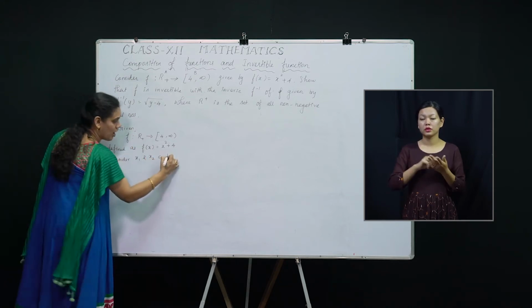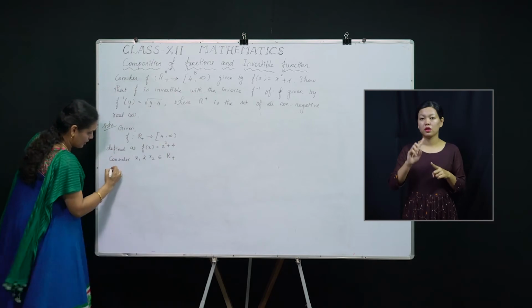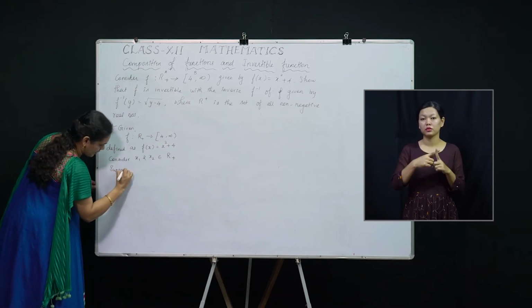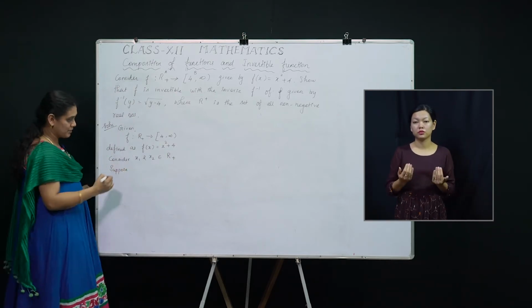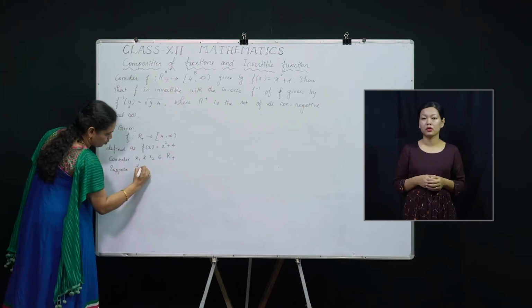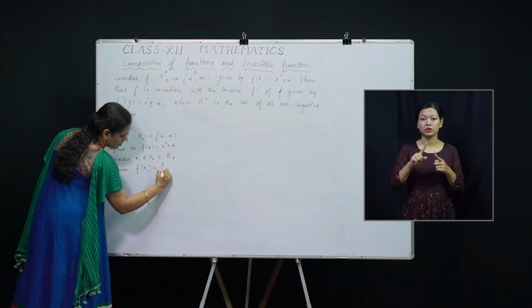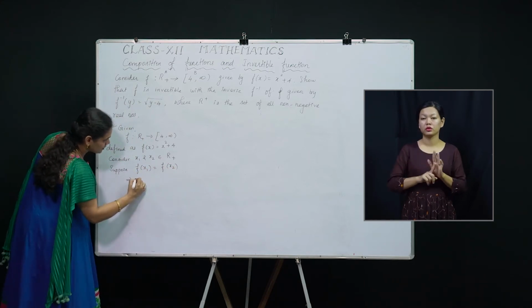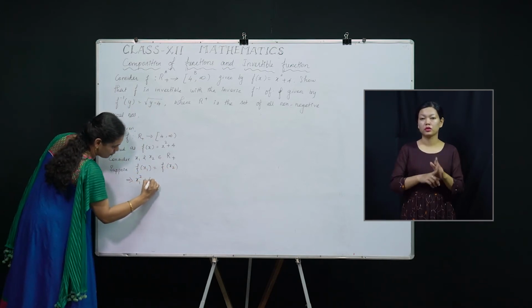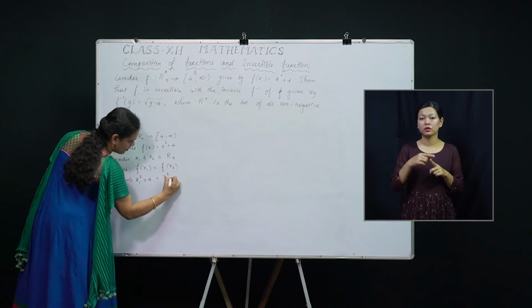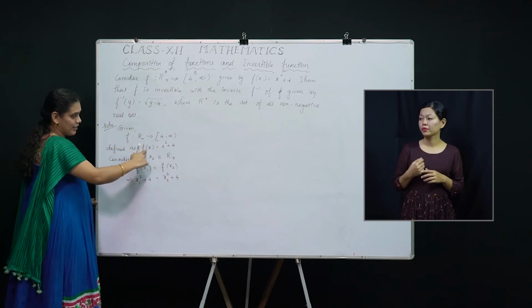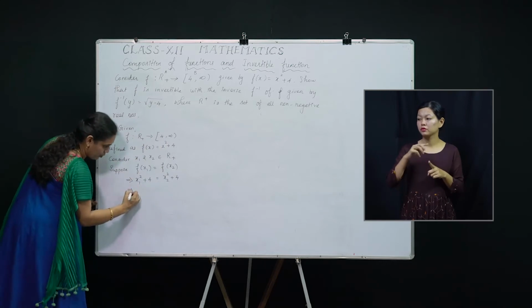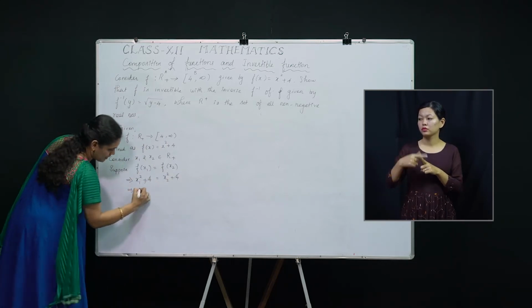What is the first set? R plus. Suppose we are going to follow the contrapositive rule, hope you remember. f(x1) is equal to f(x2). If it is true, then this gives us x1 squared plus 4 is equal to x2 squared plus 4, since f(x) equal to x squared plus 4.